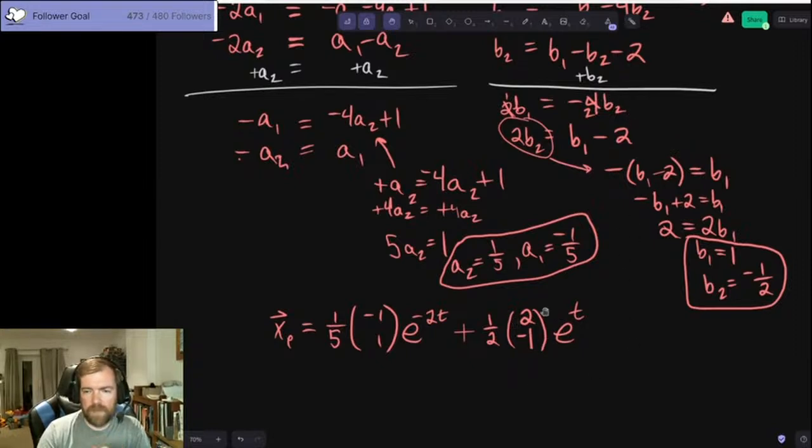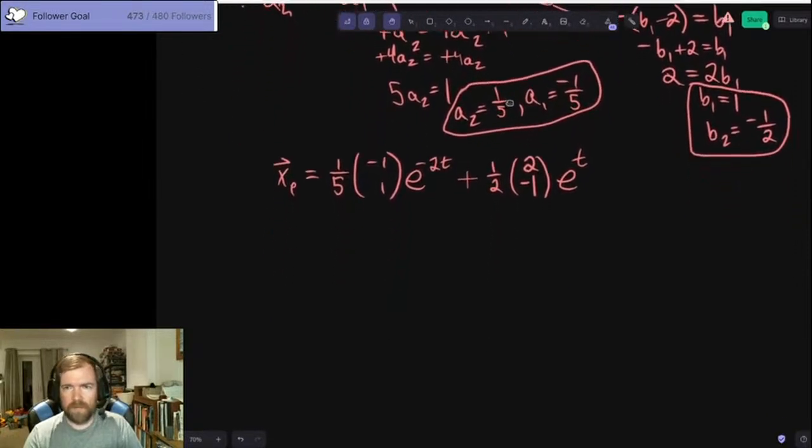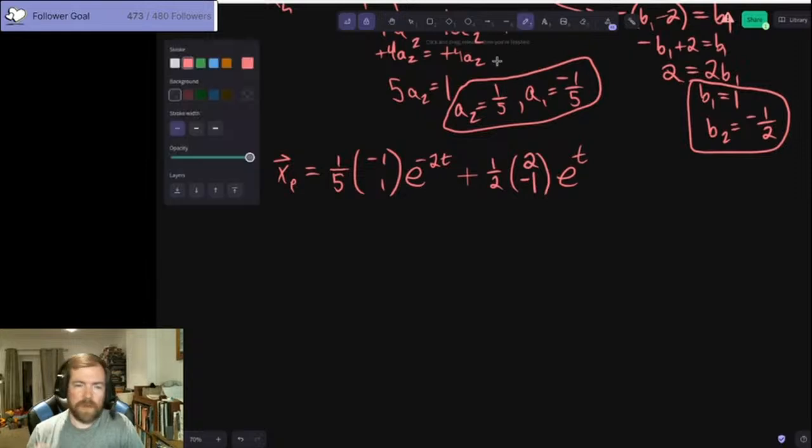These are in the same relationship to each other. It's just that our constant 1/2 out front needed to be pinned down. Okay. So now we have our null space solution.